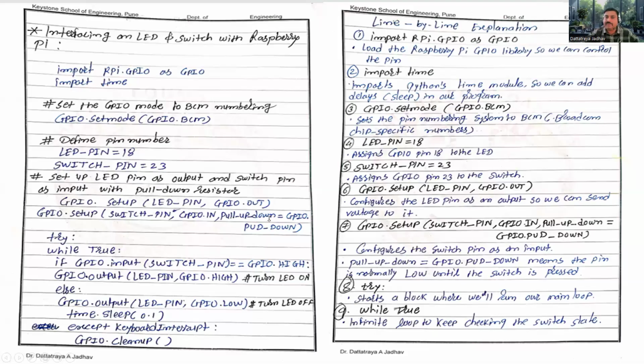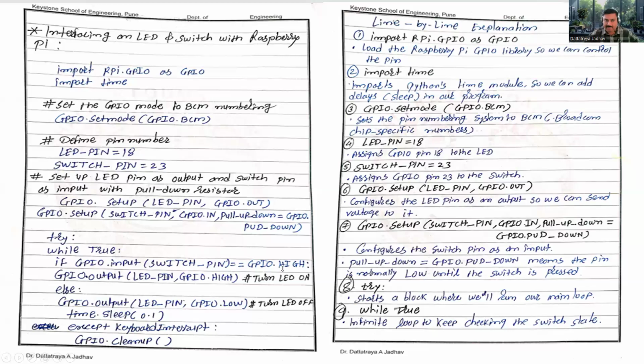So what is the meaning of that? It makes the LED pin an output pin, and the switch pin an input with pull-down condition. Then we take one condition: try, while True, if GPIO.input(switch pin) is equal to GPIO.HIGH.